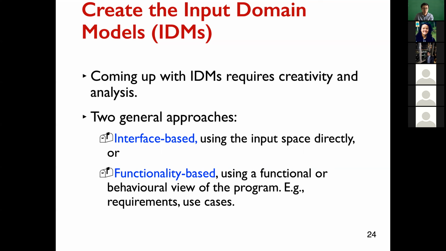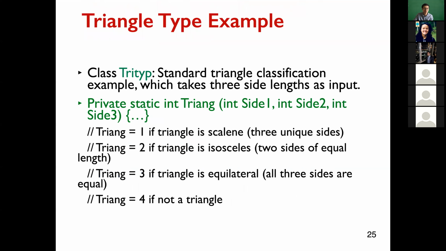Let's look at a simple example. In this example, we have a class, a triangle type. It's a standard triangle classification. We need to specify the three sides of the triangle. There are different types of triangles. The first type is scalene, right? Scalene triangle, three unique sides.